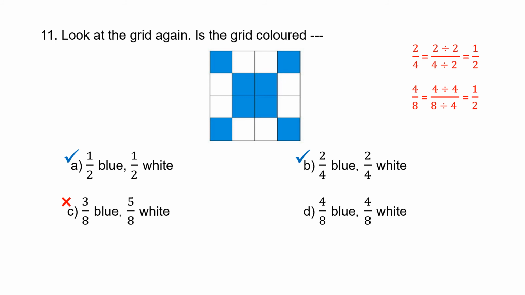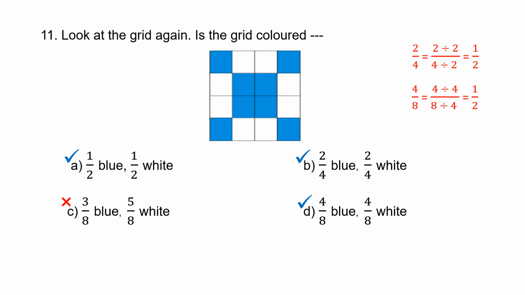We know that 4 ones are 4, 4 twos are 8. So 4 by 8 equals 1 by 2. That is, 4 by 8 blue means half blue, 4 by 8 white, half white. That is the option D is also correct.